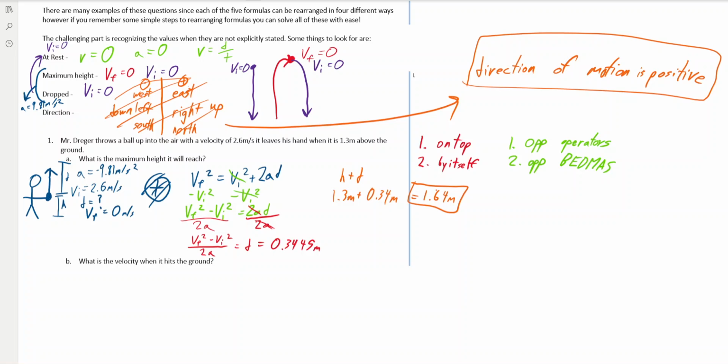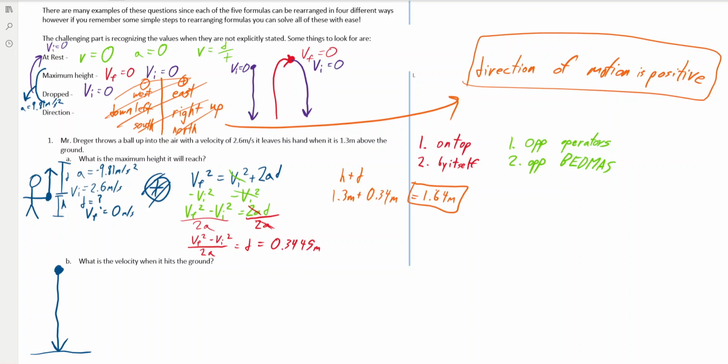All right, now the next part of the question, it's the same question, says, what is the velocity when it hits the ground? Well, now it's actually just that same ball went up into the air, and now it's curving back down, and then it's going to hit the ground. Once it reaches the top, it has a velocity of 0.